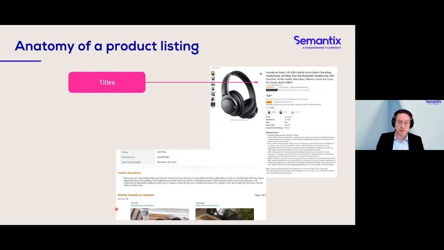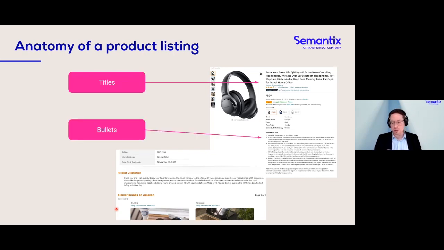And then, of course, the next are bullets. Bullets play a really key role in mentioning the features and functions of your product. This is where you can provide more information to customers to help them make their buying decision. So as you can see on this page, people will land on the image. You're going to have your title, and then you get your product descriptions here.